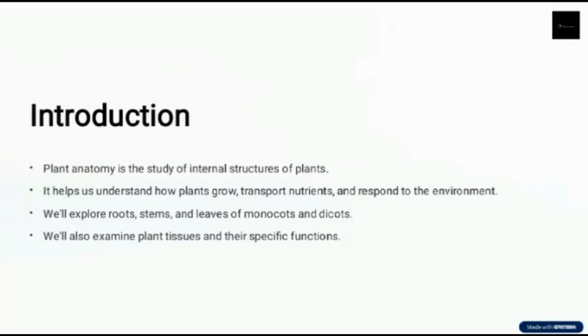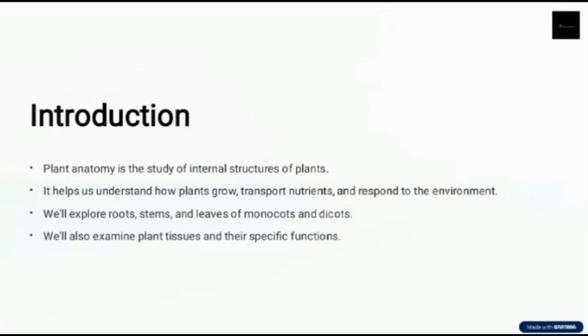Now, when we talk about plant anatomy, we are talking about how we are able to access the internal structure of this plant, to cut it open so that we will understand what is resulting in all these things. This is the whole thing we're doing this night. I will take us through this study to cut open some plants to make us able to see what is inside of it.